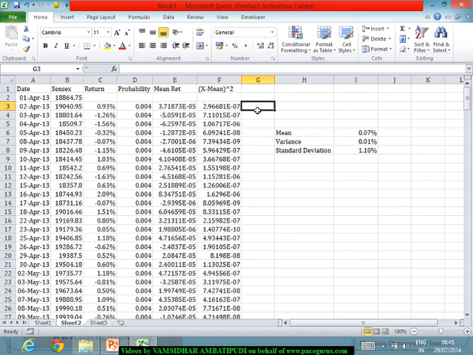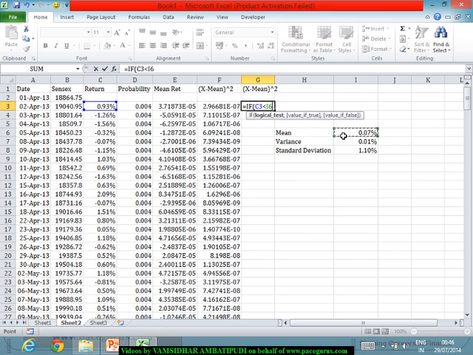So in case of semi-variance, my objective goes like this. I'll compute the same (x minus mean) squared, but this time only for those whose value is lesser than the mean. If this particular return is lesser than the mean, then only I take this computation, otherwise I take it as 0.